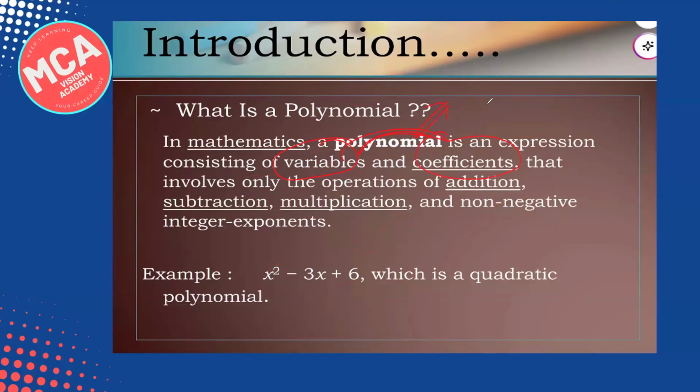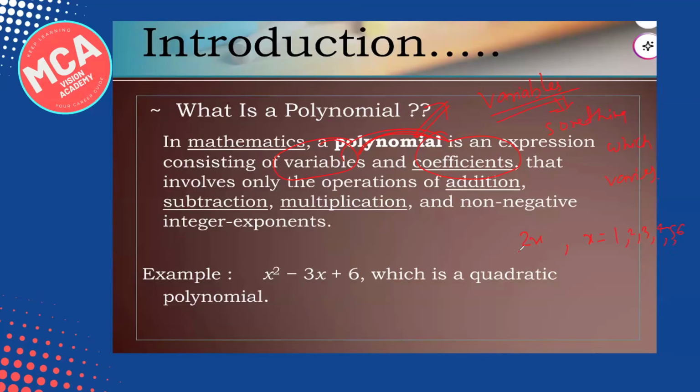So when I'm talking about variables, what exactly do I mean? Variables means something which varies. जो vary करता है. Like if I say 2x, and I'm saying x can be equal to 1, 2, 3, 4, 5, 6.